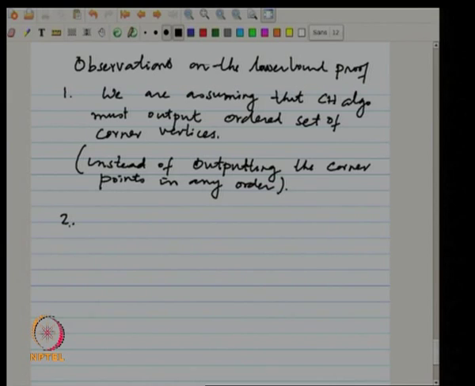And number two, what was just observed here is that I could be interested in an algorithm where I only have to identify which are the corner points. I do not have to output them in any given ordering.